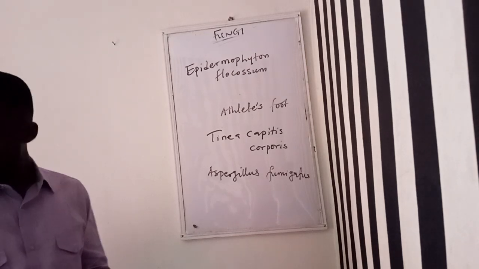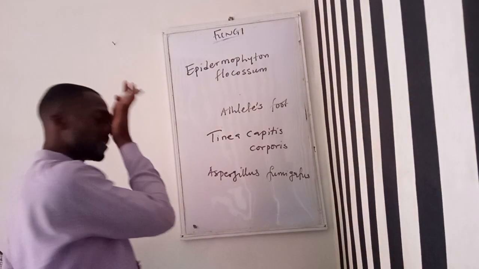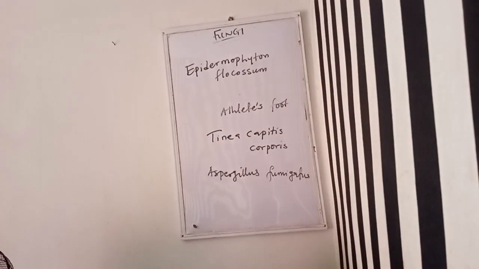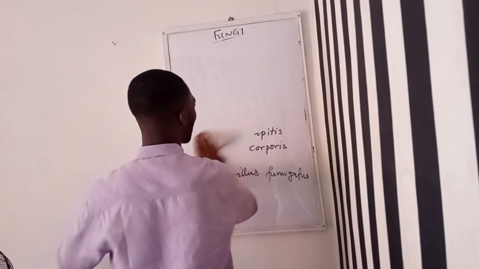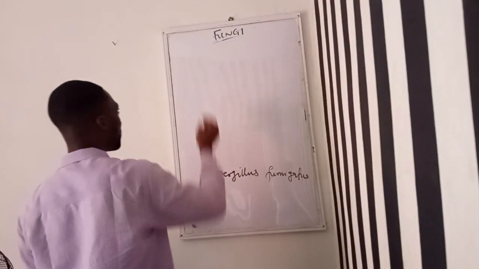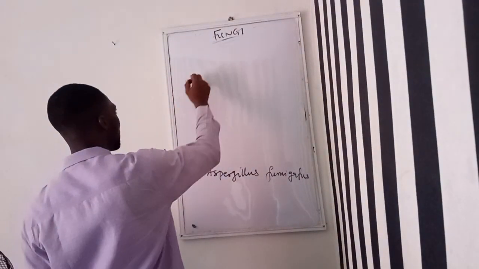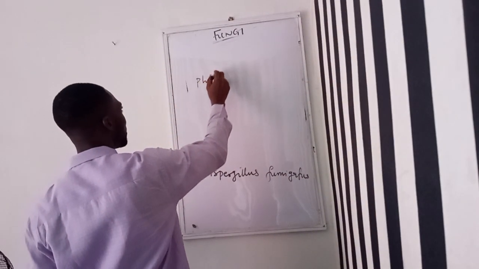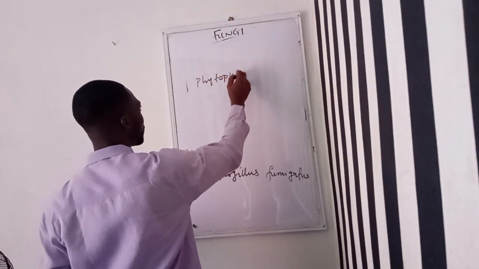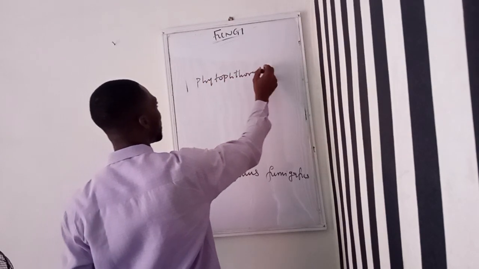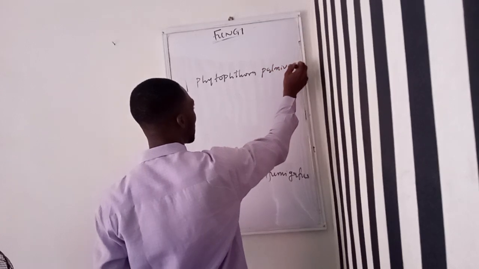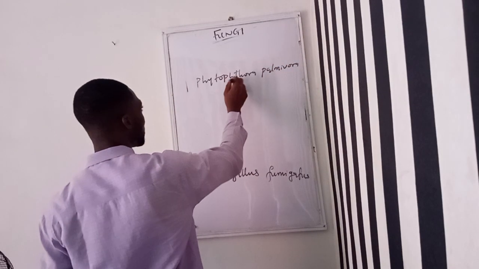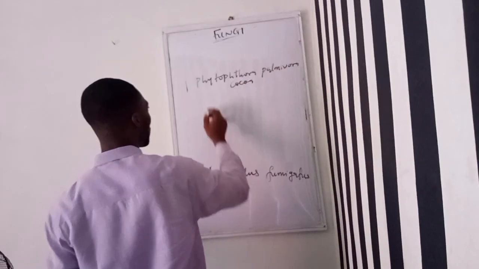Then, of course, you know that fungi can cause a lot of diseases in plants. We have what they call Phytophthora palmivora. This one causes disease in cocoa.